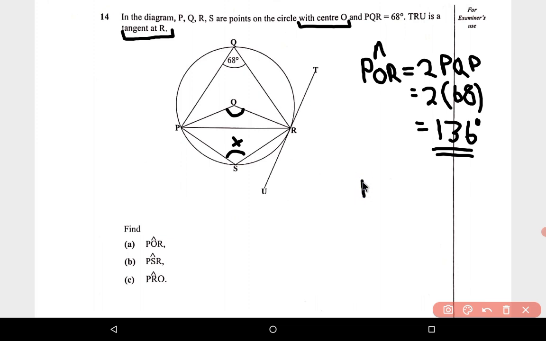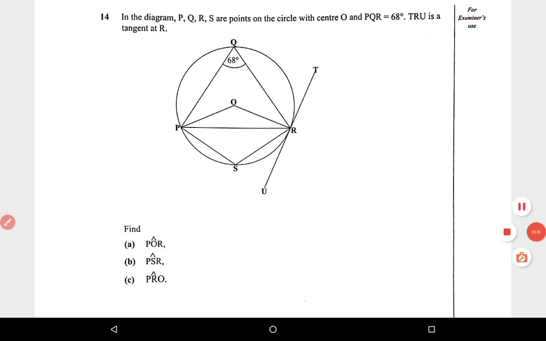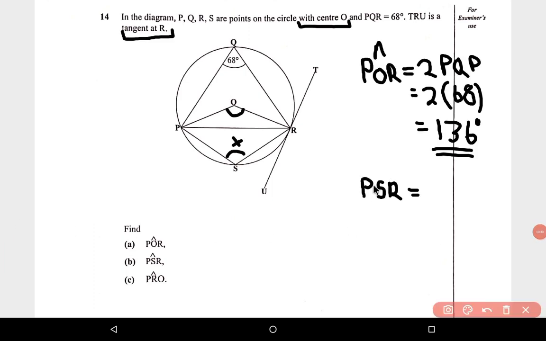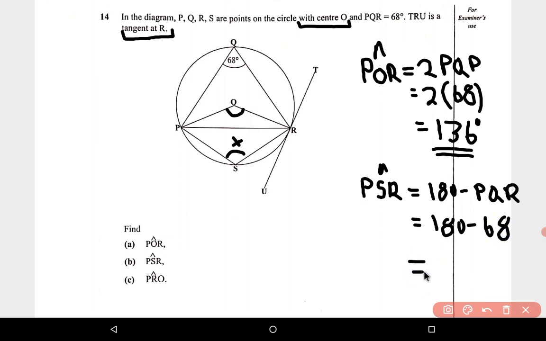So PSR is equal to 180 minus PQR. PQR is 68. What do we get here? You have 112.